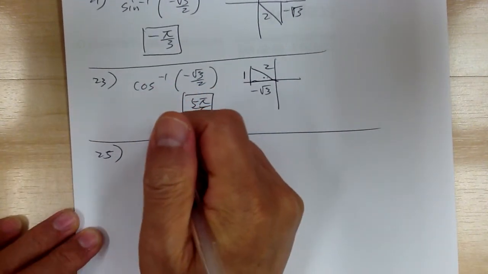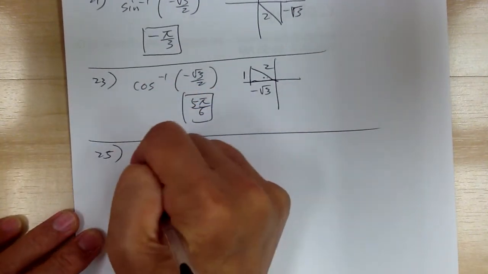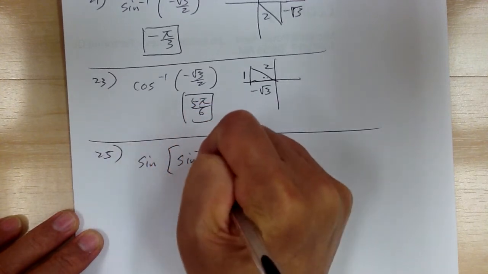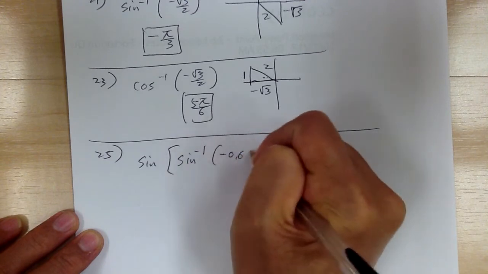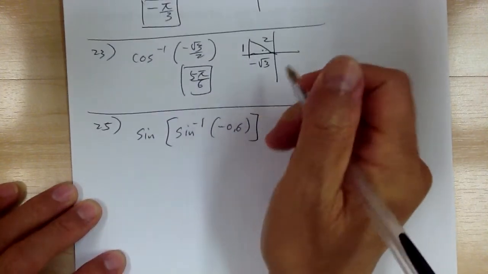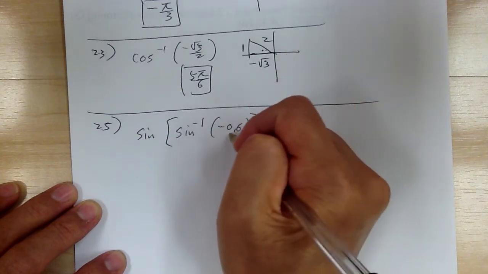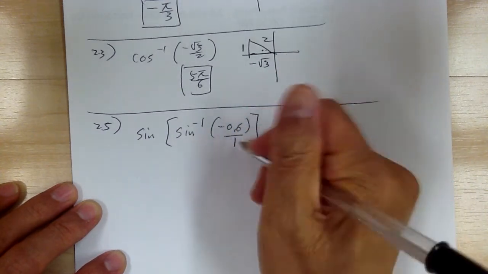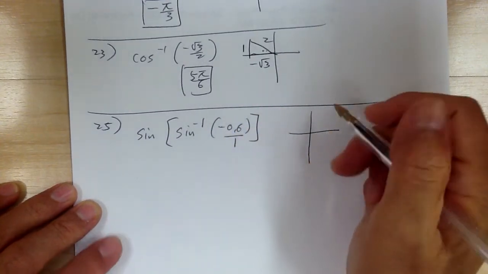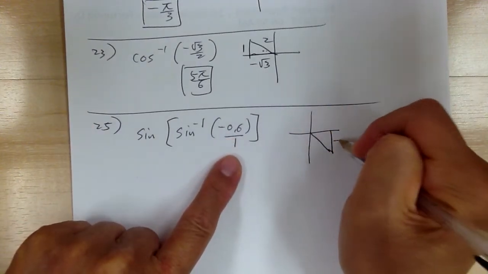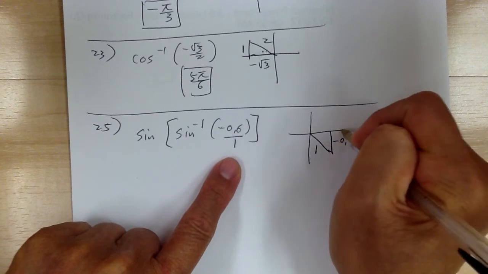Okay, 25. Your sine of inverse sine of negative 0.6. So from here, you can make this into over 1. So draw the triangle on this one first. Negative is going to be down here. So it's going to be negative 0.6 over 1.